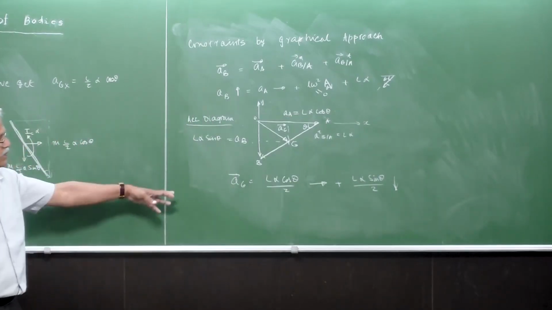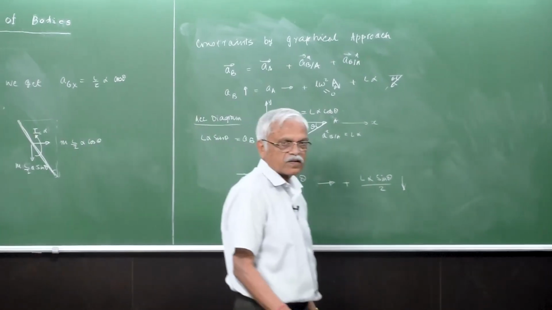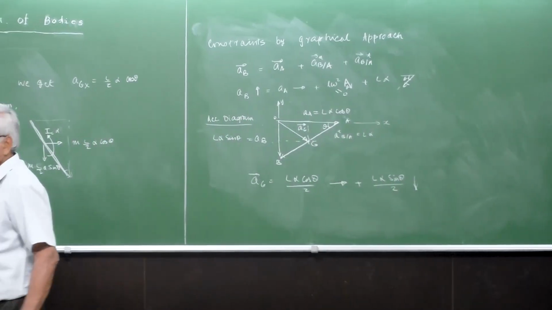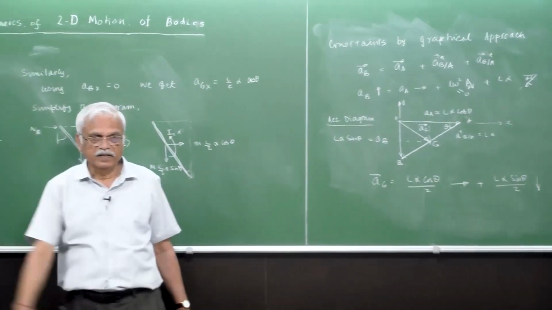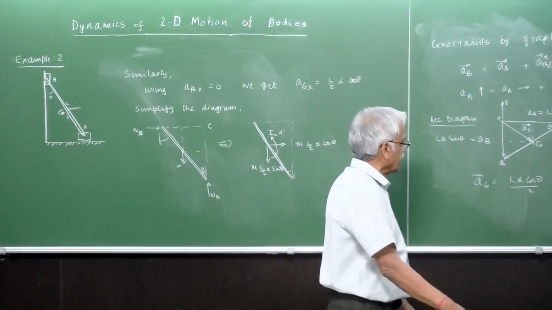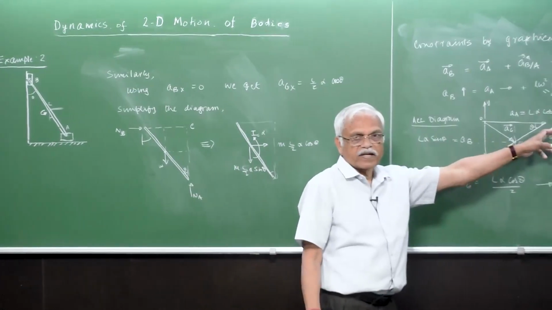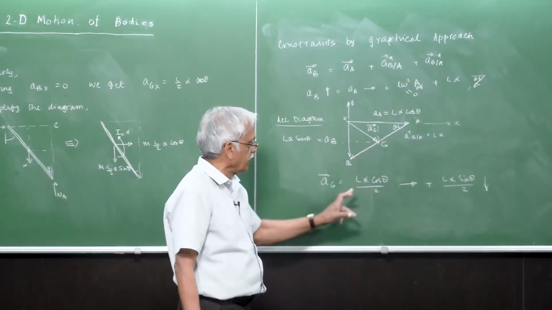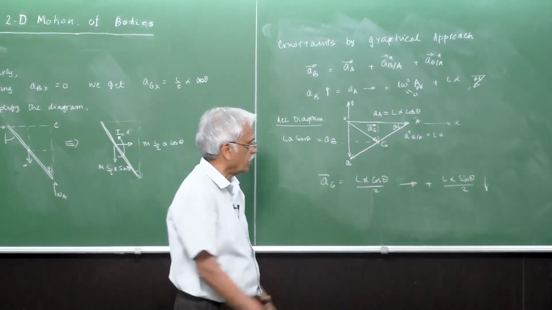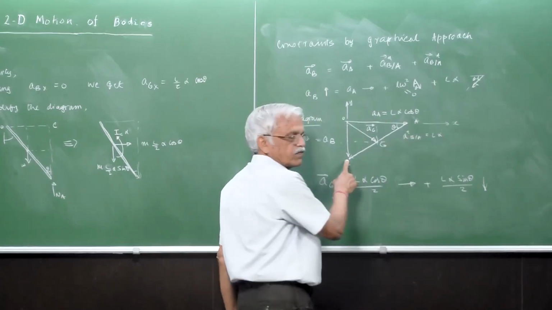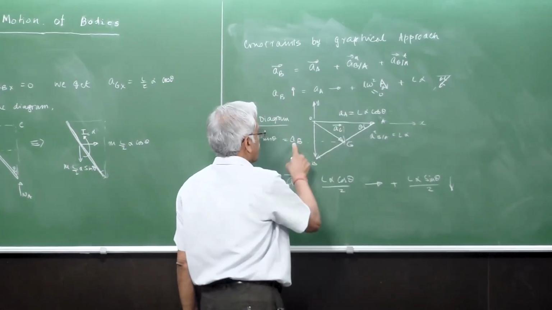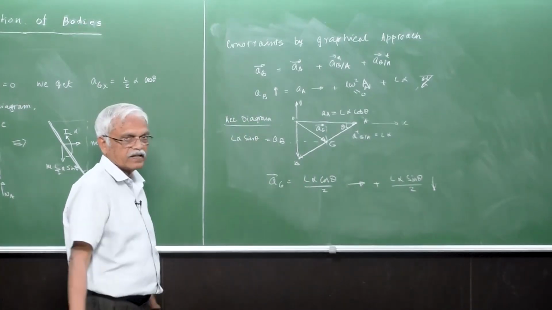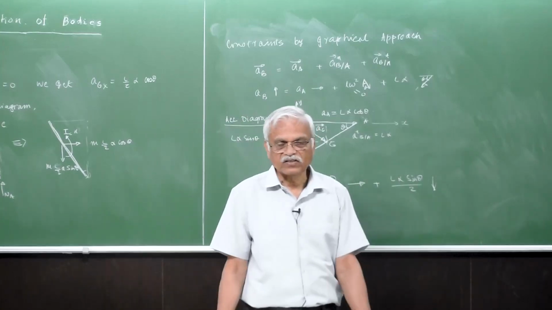Okay. So in fact, this is what you have got by applying AA in the vertical direction is 0, AB in the horizontal direction is 0, and that is what has been applied here. From that we deduced what G will be, and G will be only in terms of alpha. So this is L alpha, we know that, and from that we got AA and AB, and half of it will be acceleration of G. So this is what you can directly get as a constraint equation.